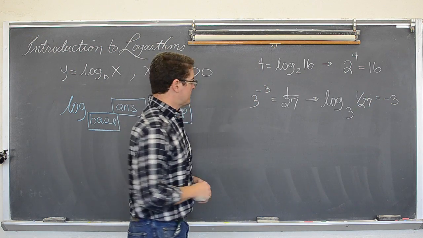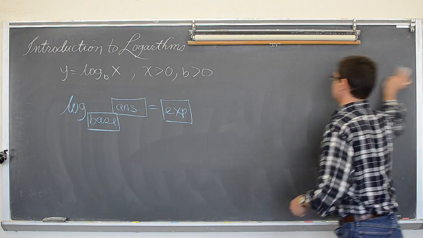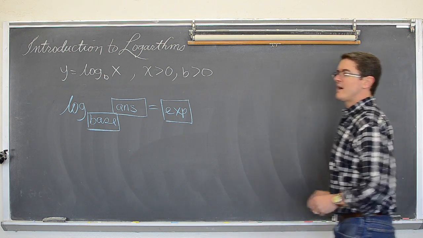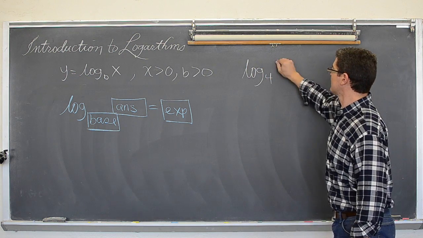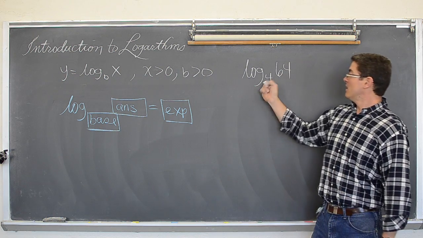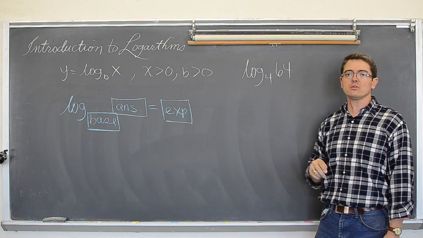Let's take a look at this expression. Let's try and evaluate log base 4 of 64. You might say, I tried that and it didn't work, or my calculator doesn't do log base 4.